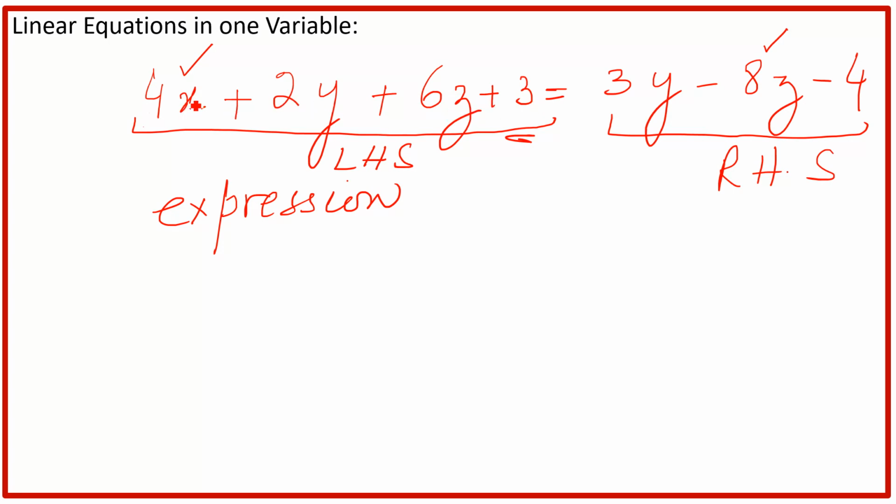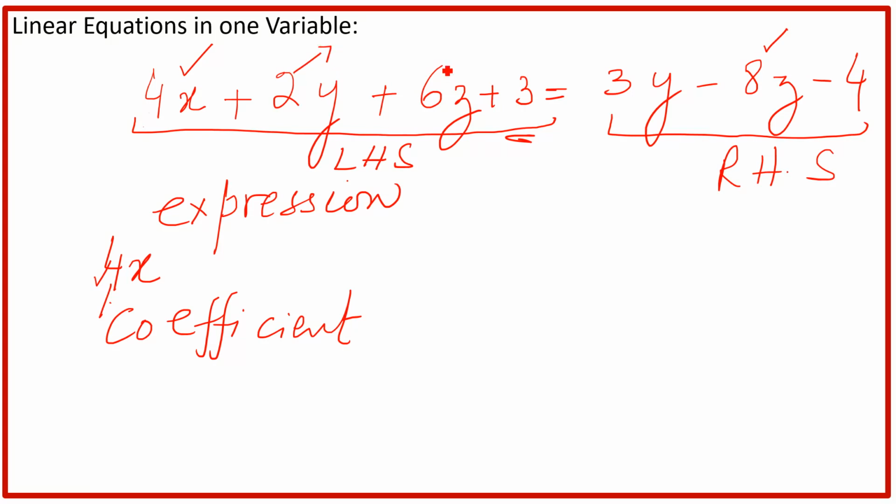So this is the first term, and it has 4x. Whatever we have in front of the variable is called the coefficient. So 4 is the coefficient. Similarly, in 2y, 2 is the coefficient. Here 6 is the coefficient, here 3 is the coefficient, and here minus 8 is the coefficient.